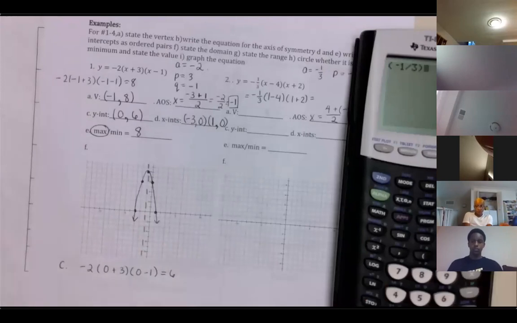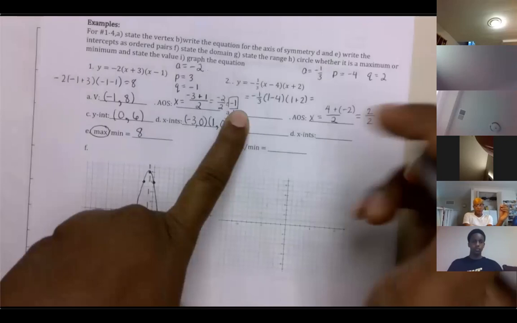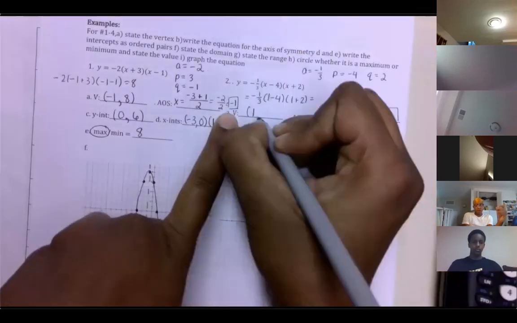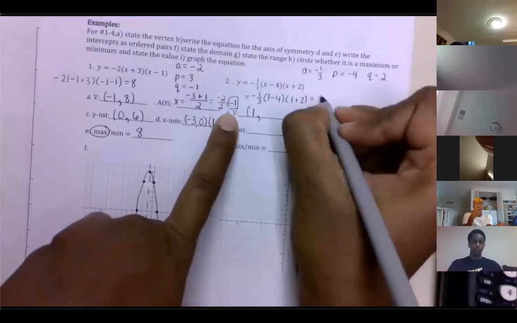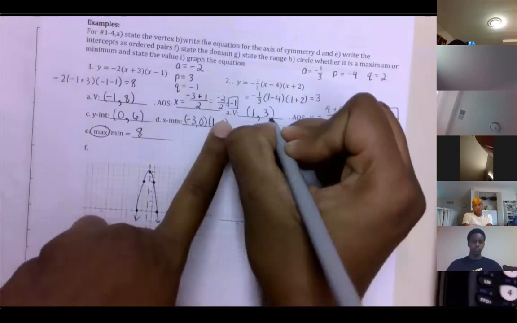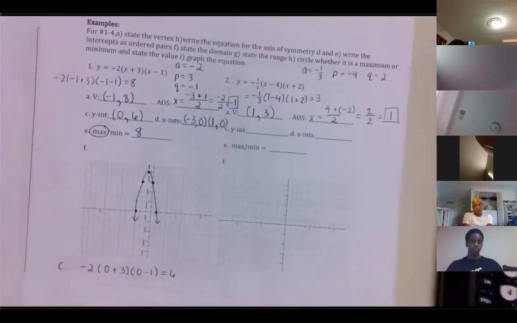And then you're going to do 1 minus 4, 1 plus 2. And then go ahead and press enter, and that's going to give you 3. So your vertex is the axis of symmetry, still 1, comma, whatever you got when you plugged in the axis of symmetry. So 1, comma 3. Questions?